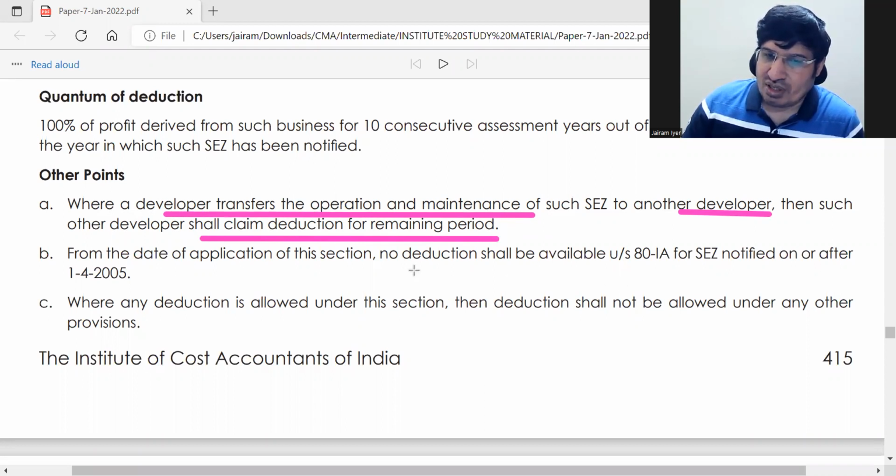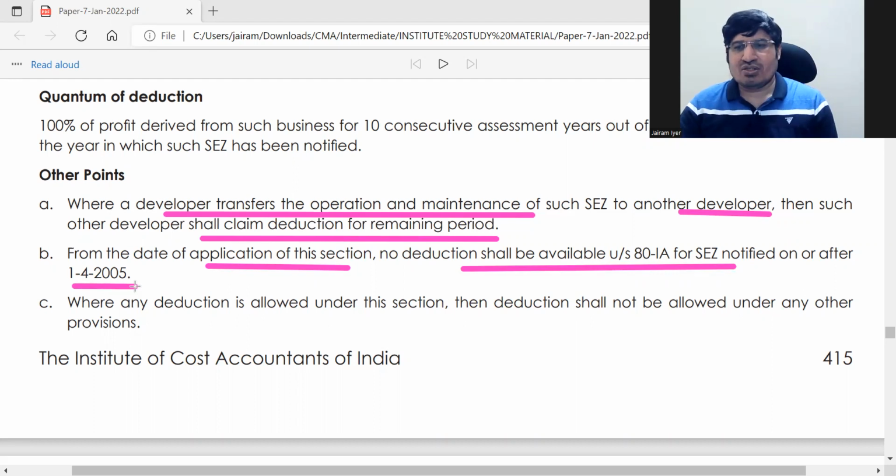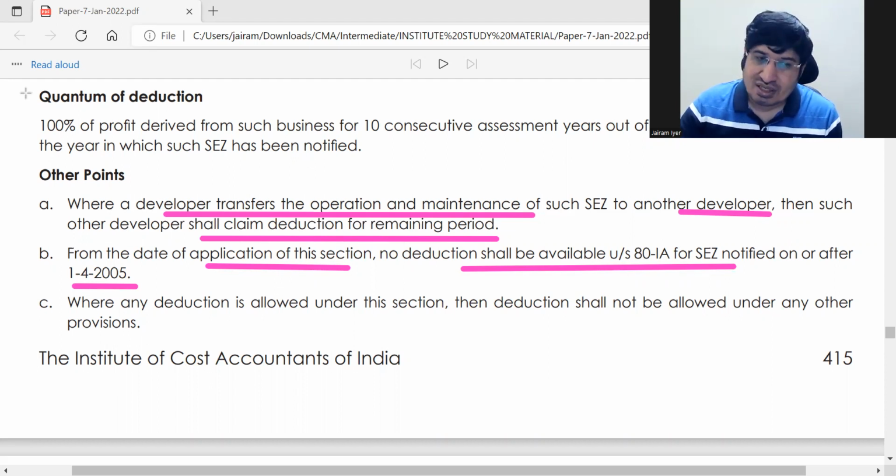Now after the date of application of this section, no deduction shall be available under 80IA for SEZ notified on or after 1/4/2005. So any SEZ which is notified on or after 1/4/2005, this condition will apply to it. Section 80IAB will hold good for those SEZs which have been notified on or after 1/4/2005.